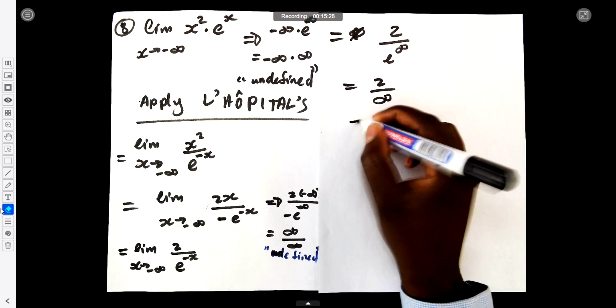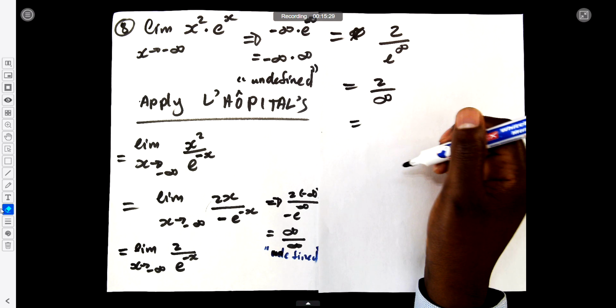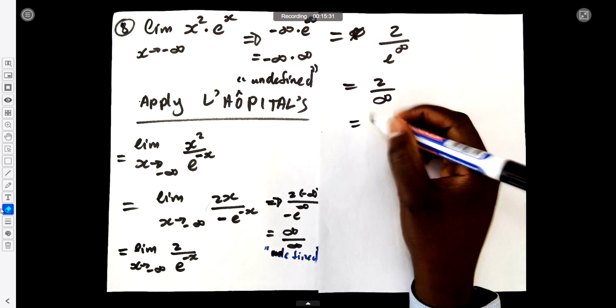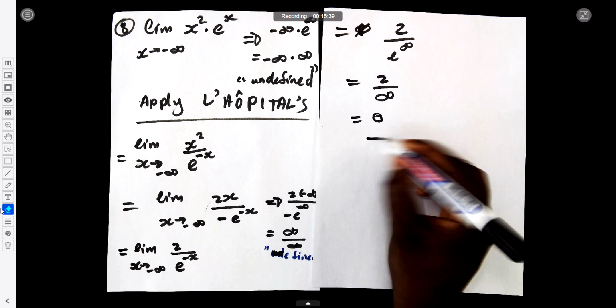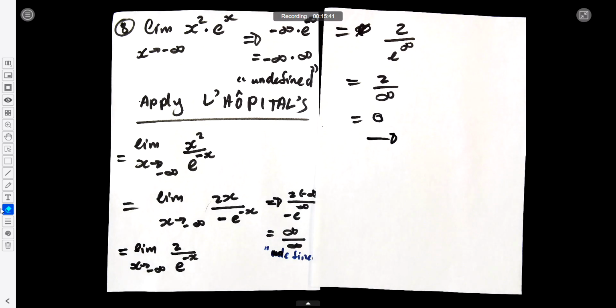Therefore, what is 2 divided by infinity? It's approximately 0. A smaller number divided by a bigger number is approximately 0. So the limit of the function as x approaches negative infinity is equal to 0. At 0, the function is undefined.